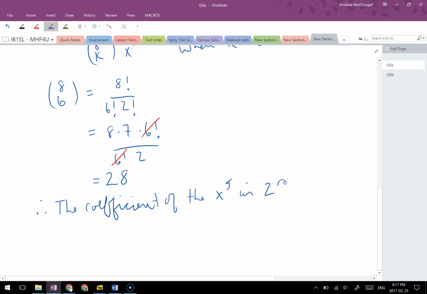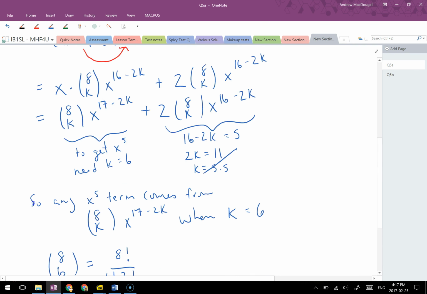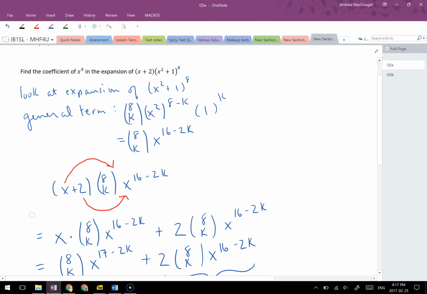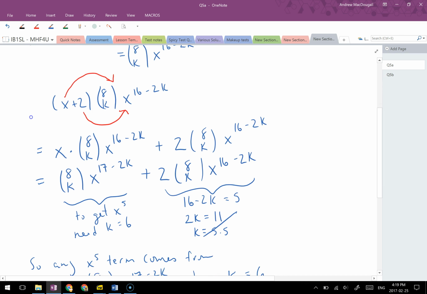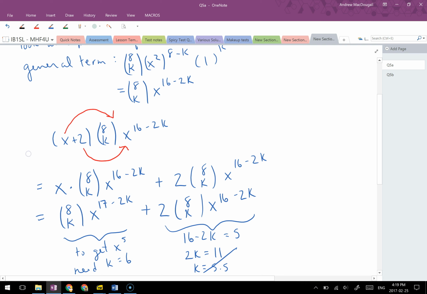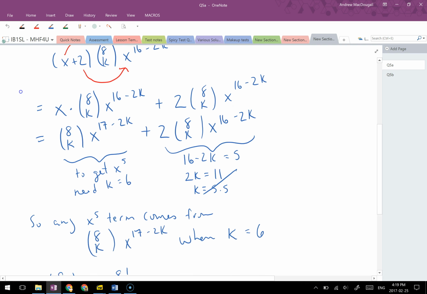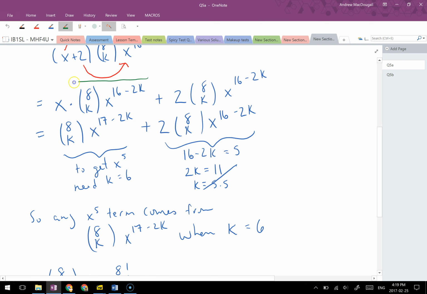So to recap what we've done here, we've used the binomial theorem to expand the (x² + 1)^8 term, a big expansion. We figured out that all of the terms have this form. And then we're taking all the terms of that form and multiplying that by x + 2. So we distribute that x + 2, and we come up with two different types of terms in our expansion.